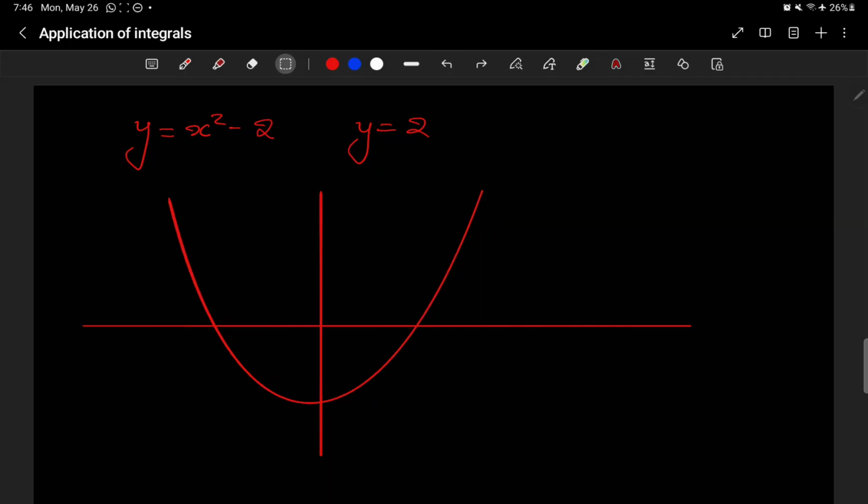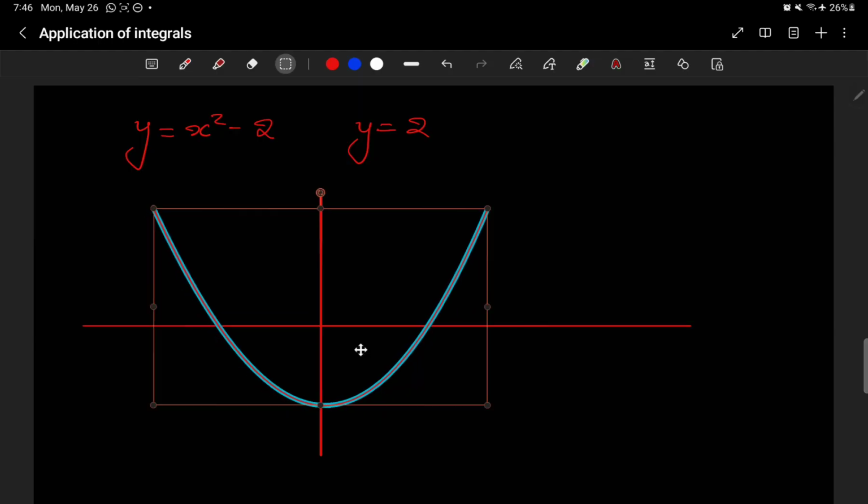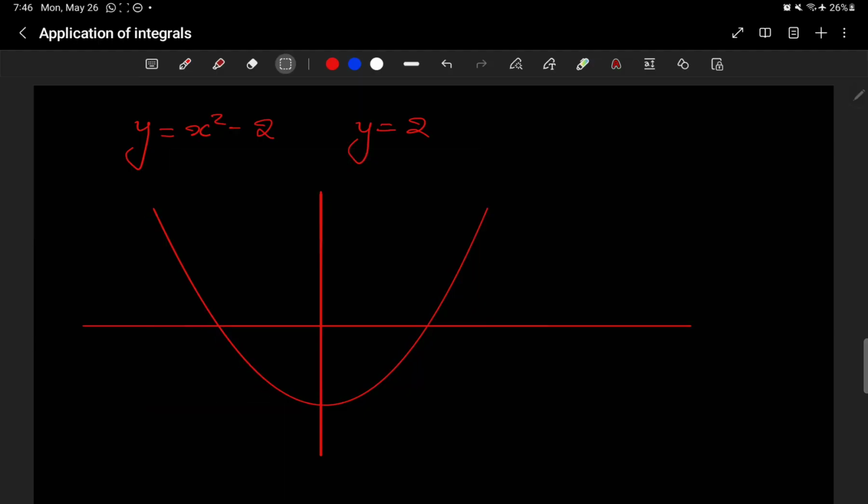Let me try to see if I can get it to be symmetrical. Okay, better. So we have something like this: when x is 0, y will be negative 2. I can also get the intercepts here and there, but for now, we'll leave them out.